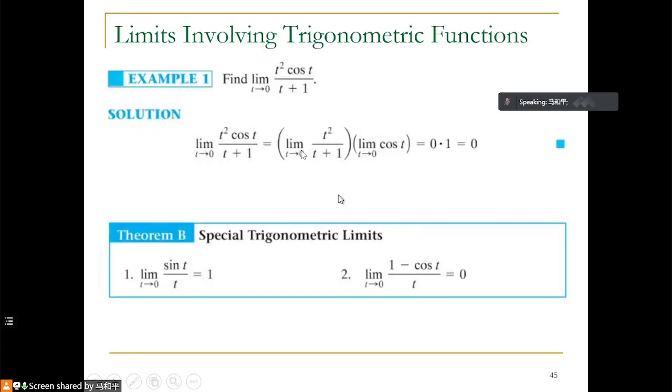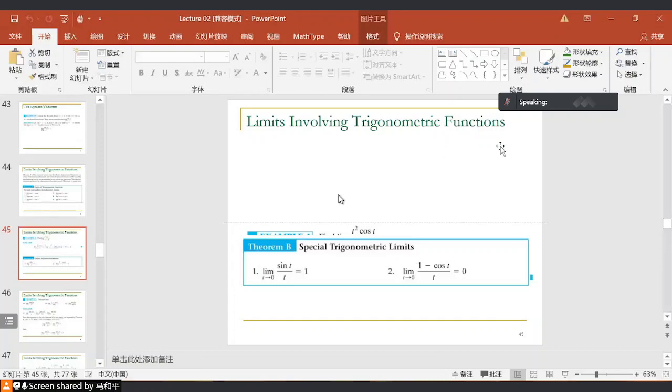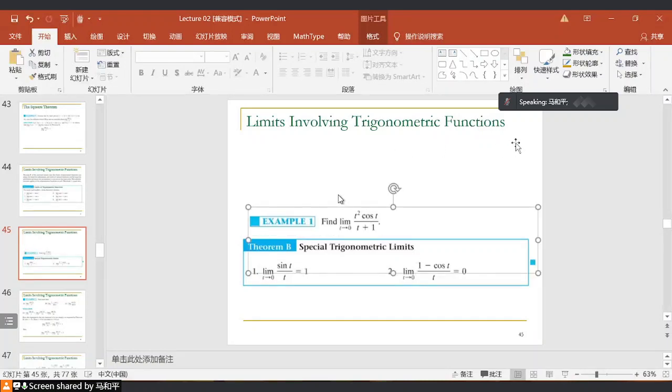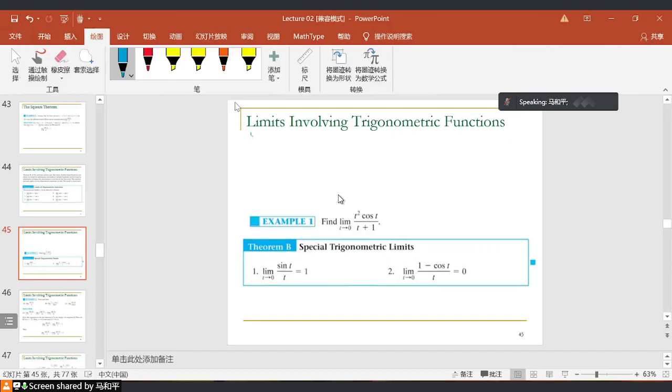For example, example 1. We find this limit: as t approaches 0, t squared cosine t over t plus 1.